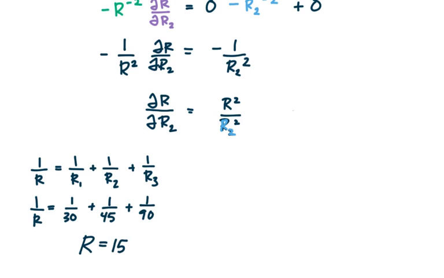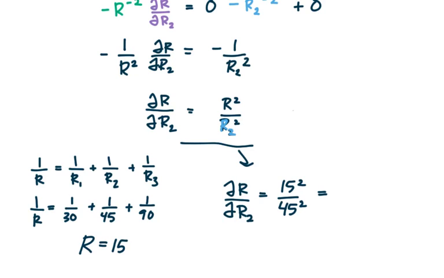So we can come over here with this guy and say the partial of R with respect to the independent variable R sub 2 is going to be 15 squared over 45 squared, which will simplify to 1/9.